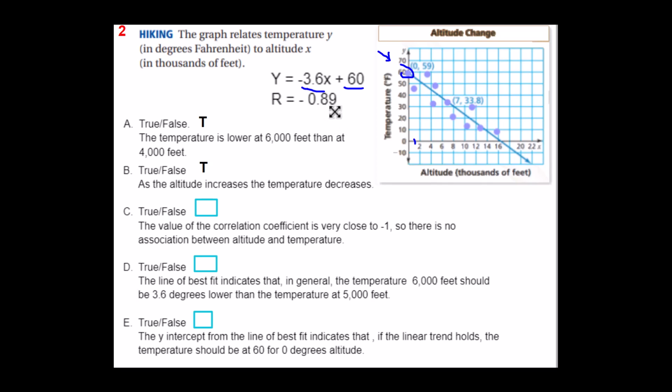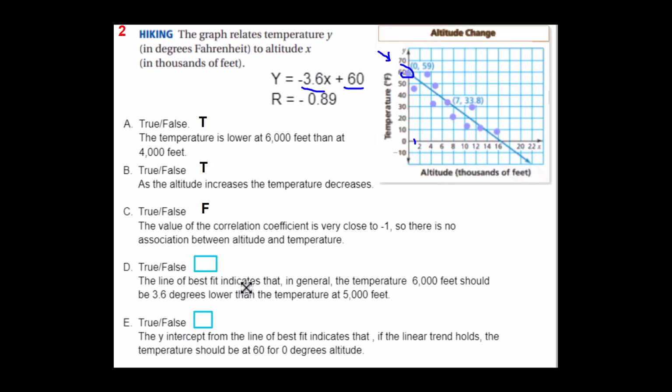But this is close to 0.9. 0.9 is closer to -1. So it's going to be a strong negative correlation. This says there's no association. It's already telling you that the correlation coefficient is close to -1. So that should be a correlation. So this is going to be false.